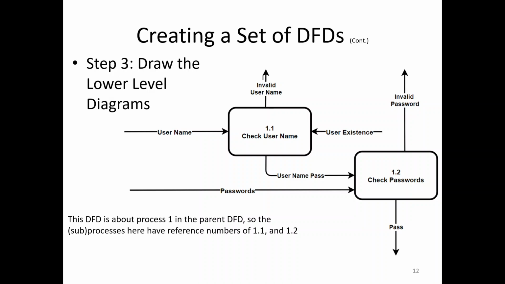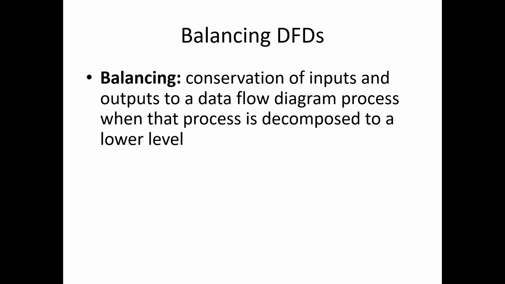We need to balance data flow diagrams. Balance here means a parent diagram and its child diagrams describe the same process in different levels of detail. They should be based on the same story and shouldn't contradict each other.